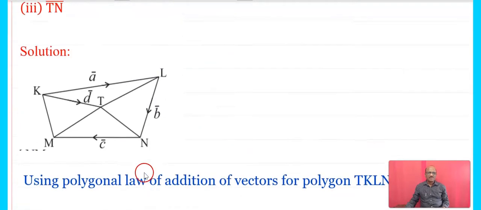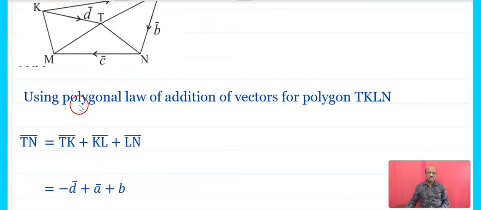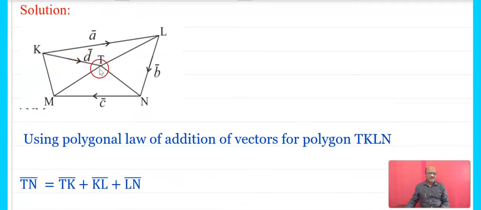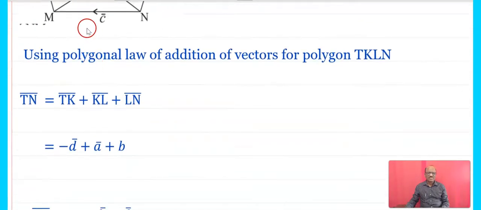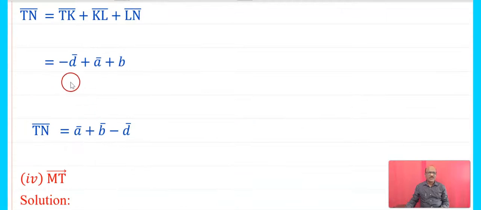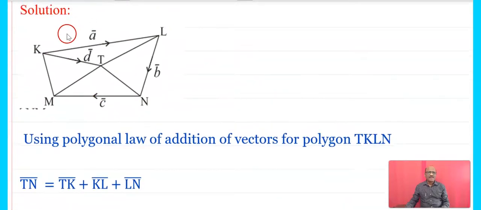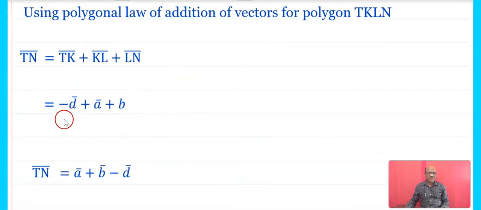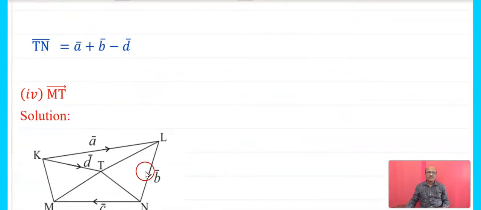Now first of all, TK is in the opposite direction, that's why we have taken the minus d bar. KL is a bar and LN is b bar. That is minus d bar plus a bar plus b bar, and hence the answer is TN bar equals a bar plus b bar minus d bar.